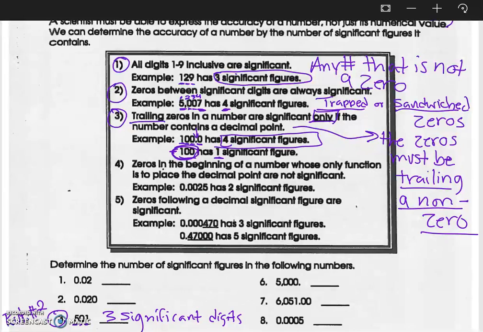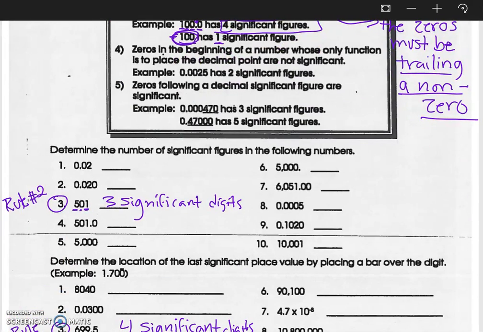Okay, let's look at a couple examples of this one because this one's kind of confusing. Let's look at number 4. So on number 4, we know the 5 and the 1 are significant because of rule number 1. We know the 0, the trapped 0, is significant because of rule number 2.